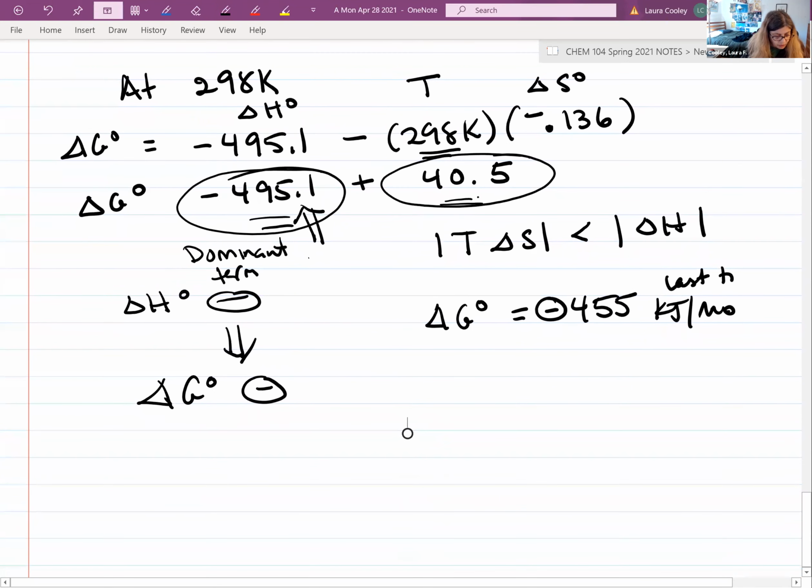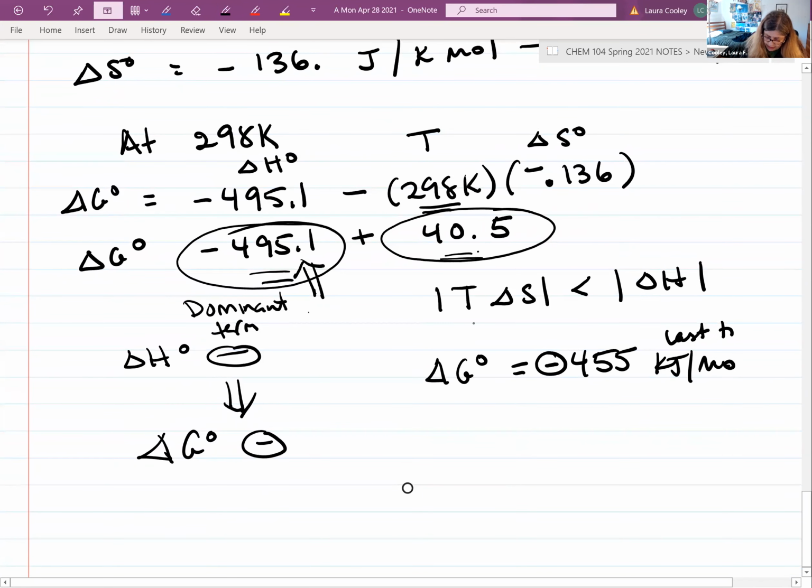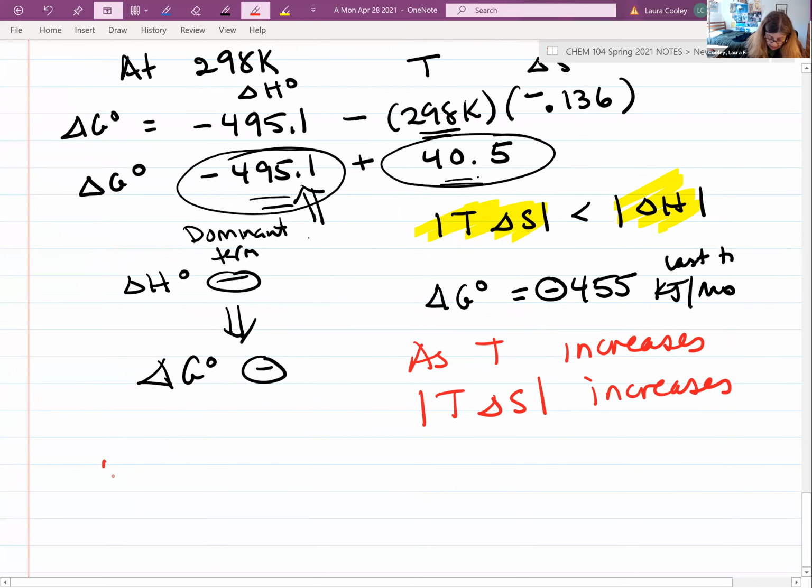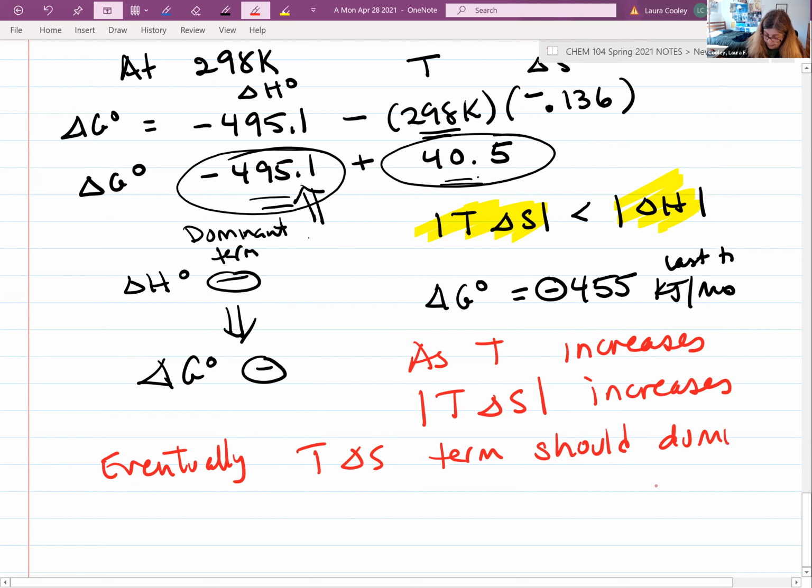So you have a negative delta G because of the fact that this term is bigger. But you have to ask yourself the question: at this temperature, the magnitude of T delta S is less than delta H. But as the temperature increases, it's going to increase the size of the T delta S term, and eventually the T delta S term should dominate.